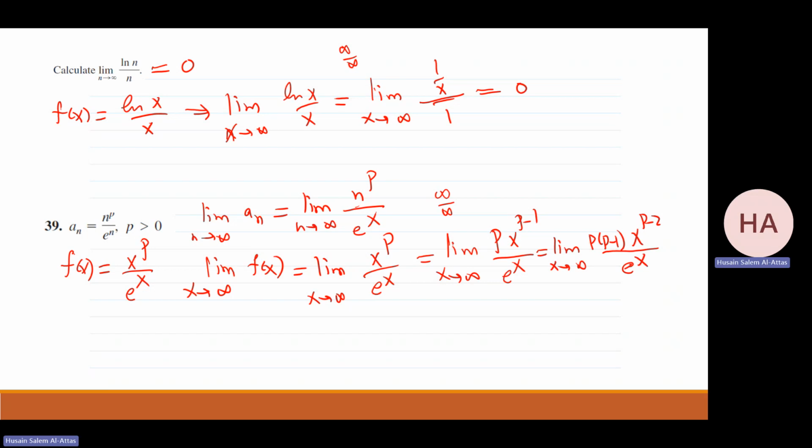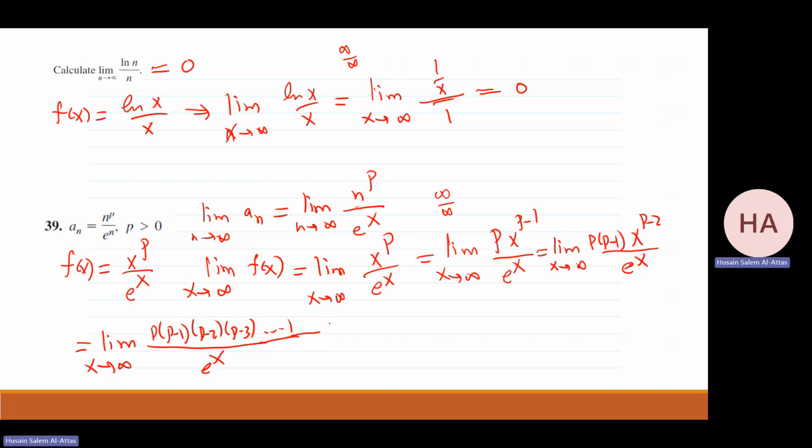If I do this p times, the denominator will be e to the power x. It will not make a difference. The numerator will be p times p minus 1, p minus 2, p minus 3, until I reach 1. That's it, and x will disappear.